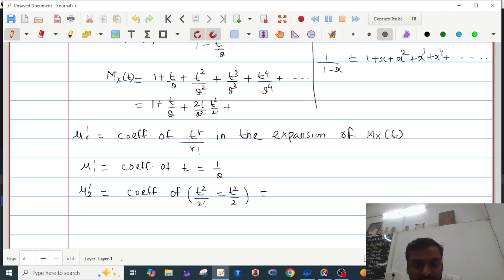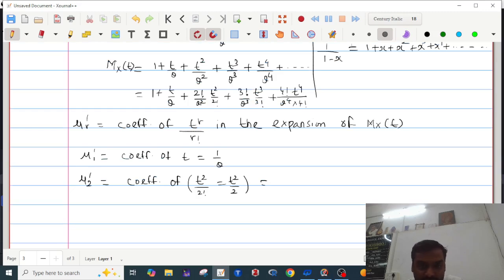Similarly, you can multiply by 3 factorial for t cube, and 4 factorial for t raised to 4. So now you can easily identify the coefficients. The coefficient of t square upon 2 factorial is 2 factorial upon theta square, that is 2 upon theta square.